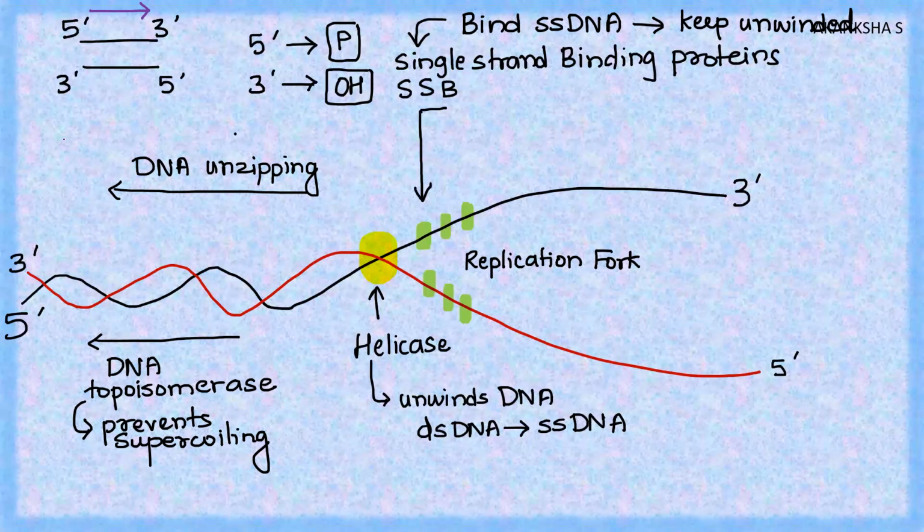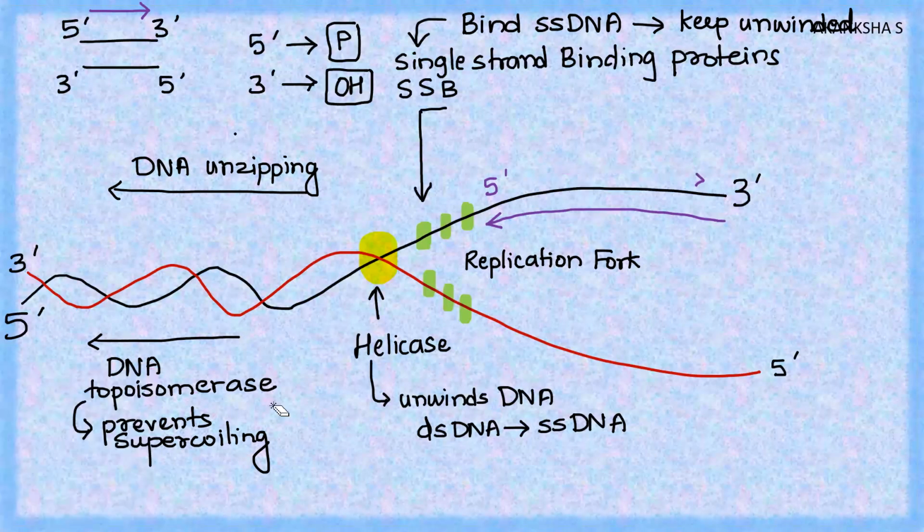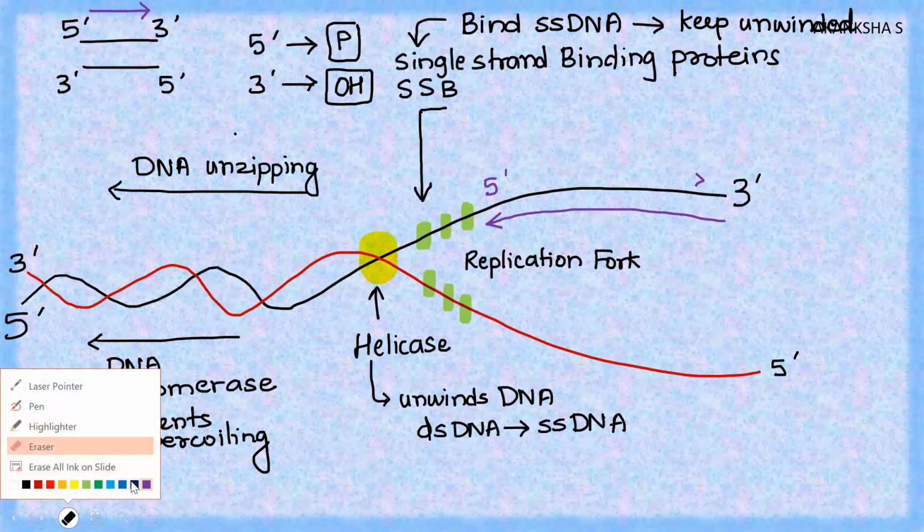To understand it better, let's understand the structure. Now over here we have a 5' to 3' DNA, running like this. On this side, we would be having an opposite DNA being constructed. That is the new DNA, correct? So the new DNA which is being constructed would be in the opposite direction.